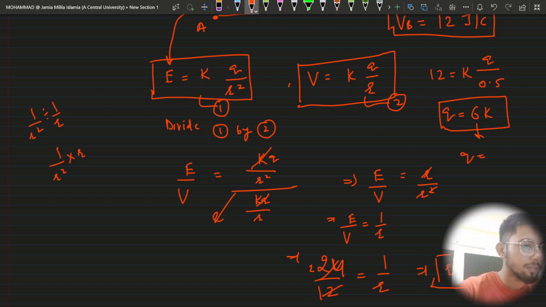It will be some 0.667 into 10 to the power minus 9 coulomb.